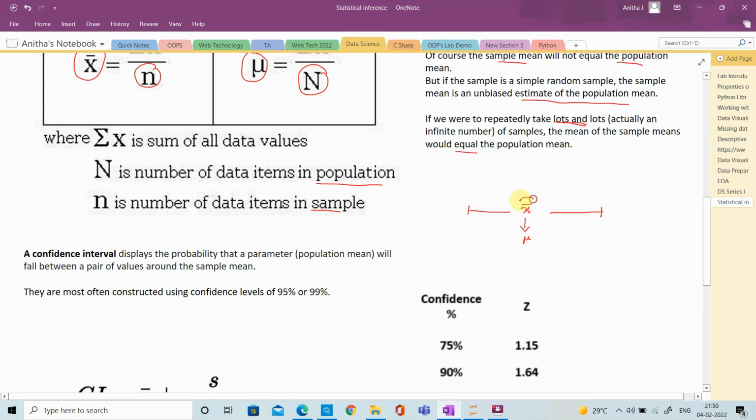Based on the calculated sample mean, we are going to say that our population mean lies within this confidence interval. So by using this sample mean, we are going to give a statistical inference that our population mean will be in the range of this confidence interval.